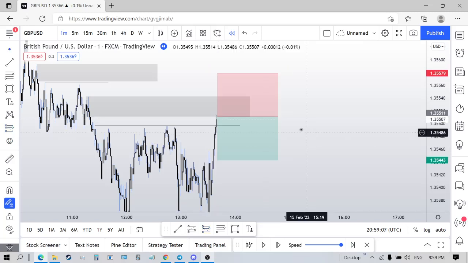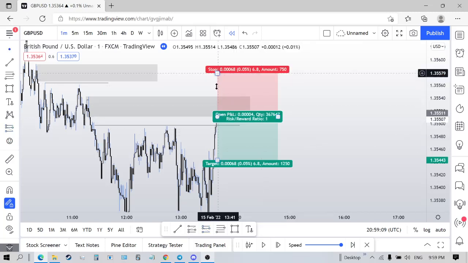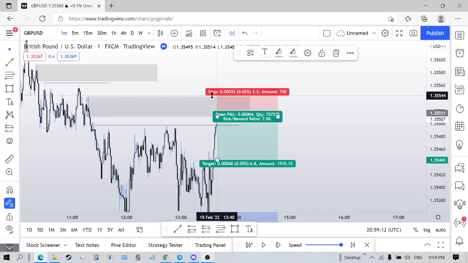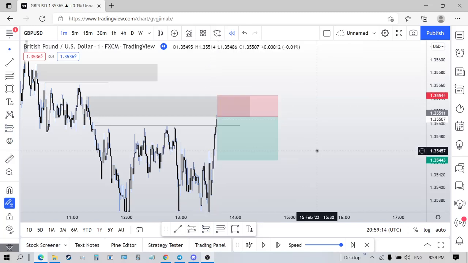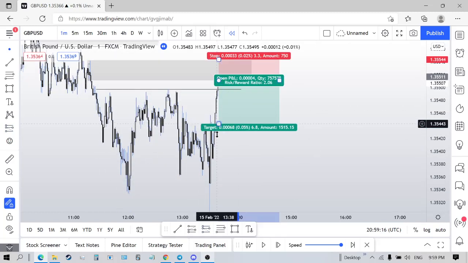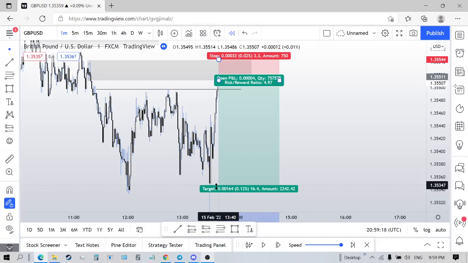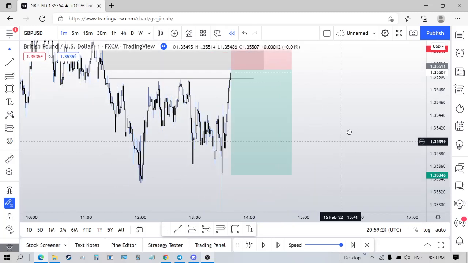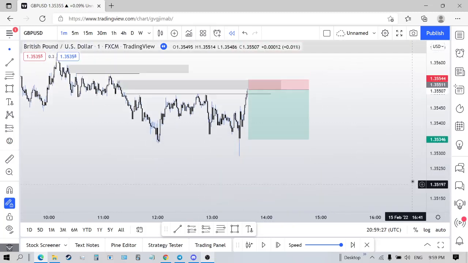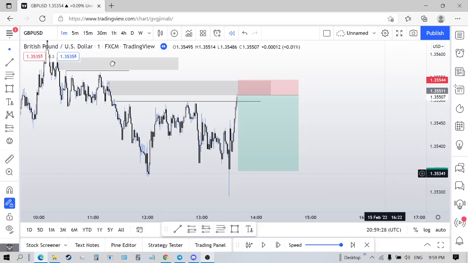Yep, there we go. Stop right above here, and then targets lower. We say 1 to 5 risk to reward. Okay, or was it a 1 to 4? I forgot what it was.